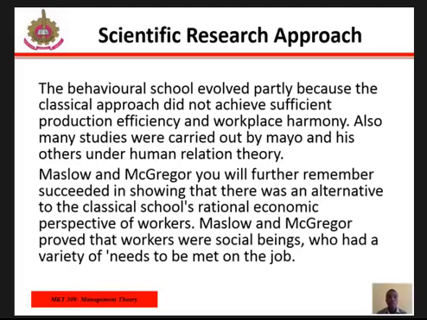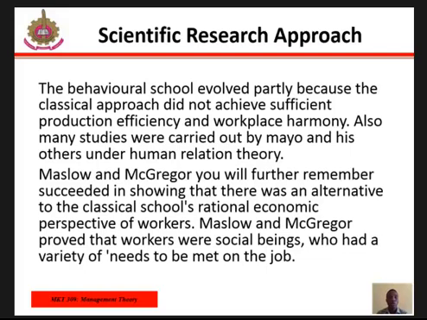Scientific research approach. The behavioral school evolved partly because the classical approach did not achieve sufficient production efficiency and workplace harmony. Also, many studies were carried out by Mayo and others under human relations theory. Maslow and McGregor, you will further remember, succeeded in showing that there was an alternative to the classical school's rational economic perspective of workers.